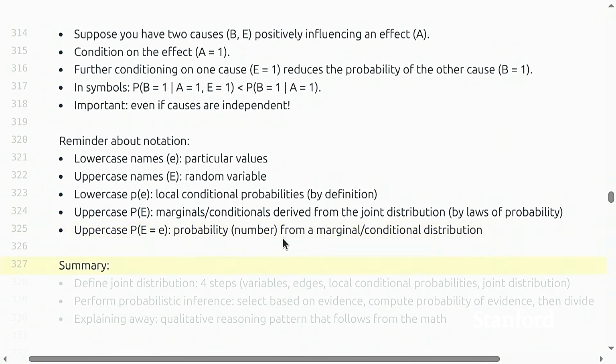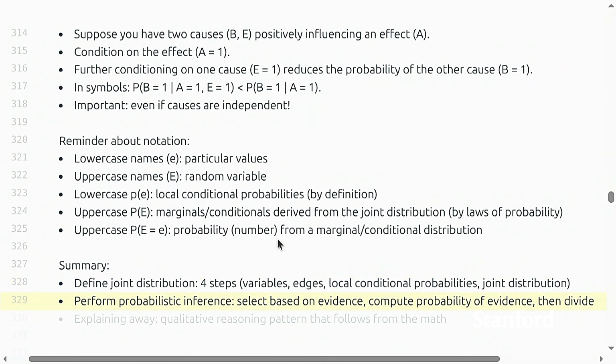All right, to summarize, what we've done so far is we've defined a joint distribution via this four-step procedure. You define what the random variables are, what the edges between the random variables are. For each node or variable, define a local conditional probability, and then multiply them together to produce a joint distribution. So this is an intuitive way of defining these joint distributions rather than slavishly going through and writing out every probability.